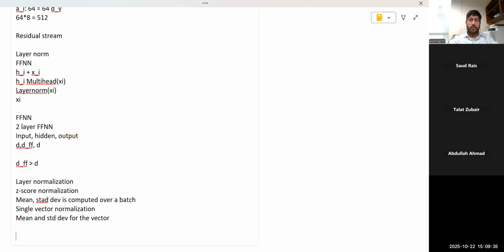And the nonlinearities are the softmax that we compute for computing alpha, and the nonlinearity in the feed forward neural network. Okay. All right. So any questions?